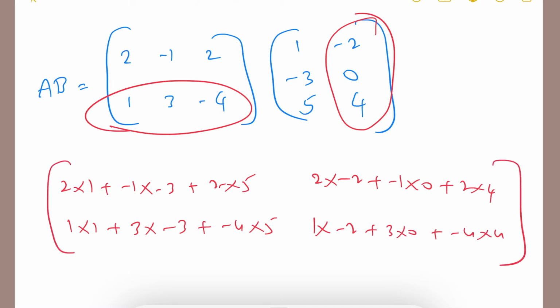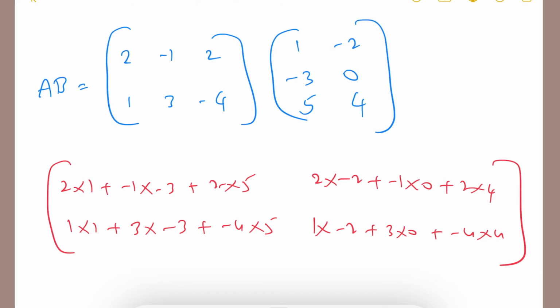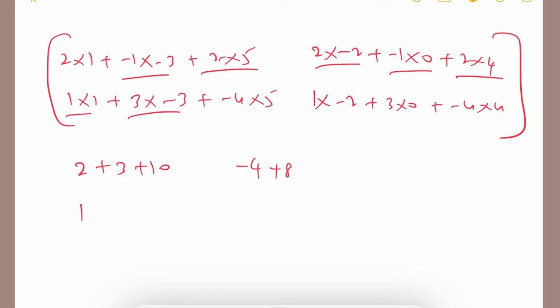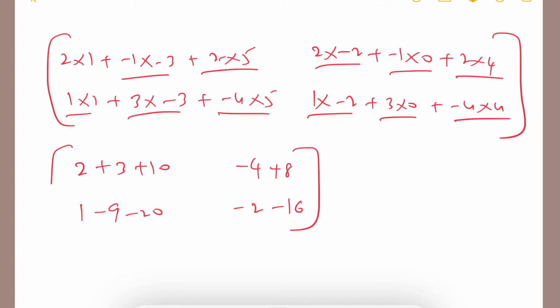Okay, let us simplify this. 2 into 1 is 2, -1 into -3 is plus 3, 2 into 5 is 10, 2 into -2 is -4, -1 into 0 is 0, I am not writing, 2 into 4 is 8, 1 into 1 is 1, 3 into -3 is -9, -4 into 5 is -20, 1 into -2 is -2, 3 into 0 is 0, -4 into 4 is -16.